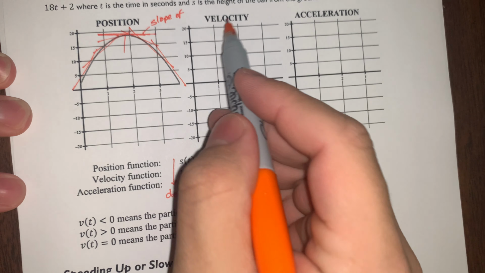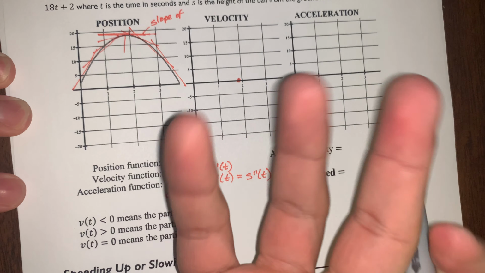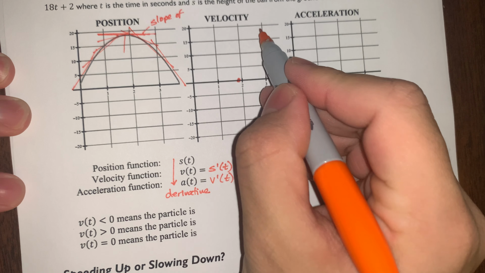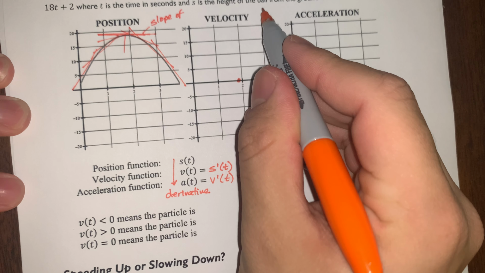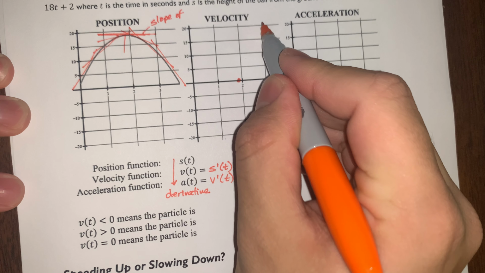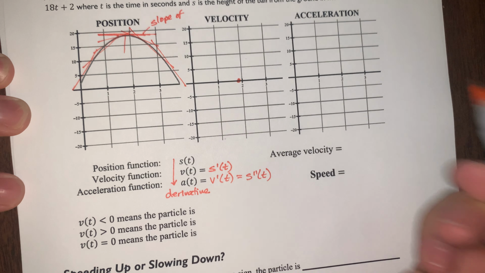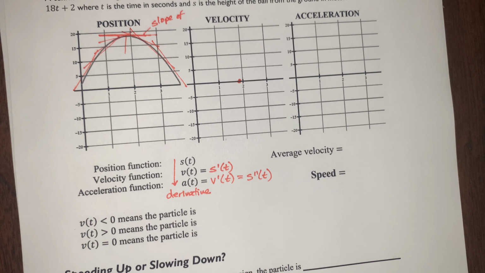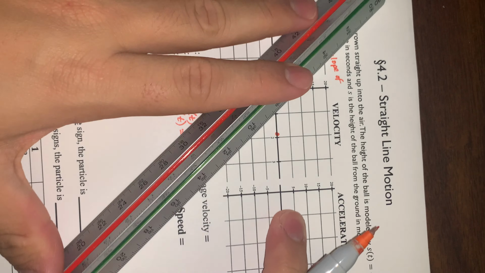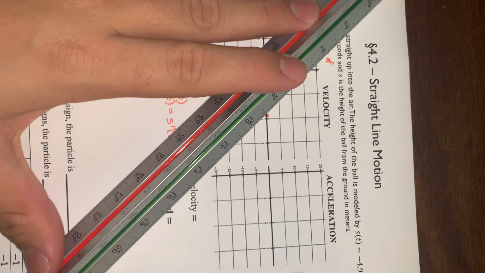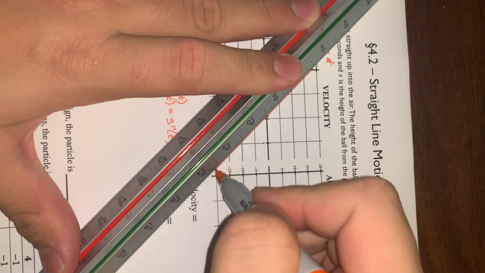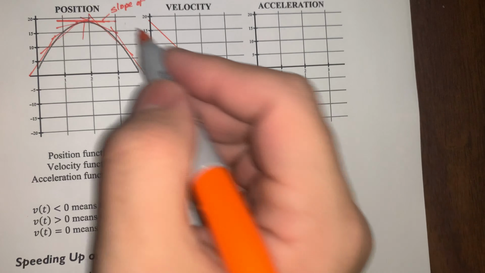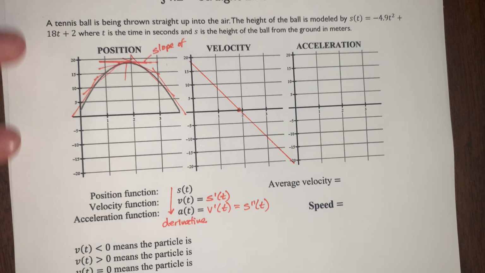If you throw a ball upward, it goes in a positive direction, then it starts slowing down, gets to 0, stays at rest, and then goes in the opposite direction. So the velocity function is going to look something like this, maybe off by a small margin, but you just have to understand what's going on here.